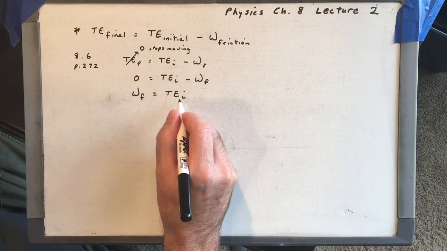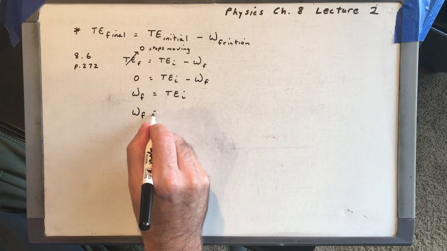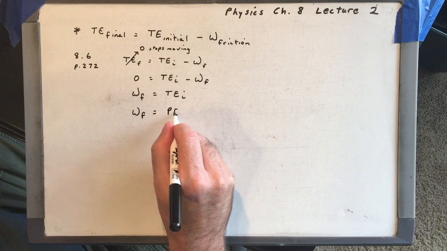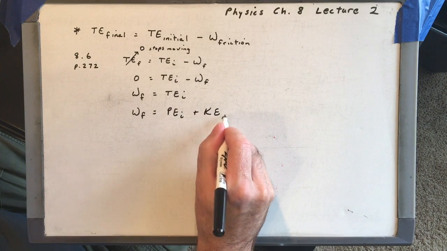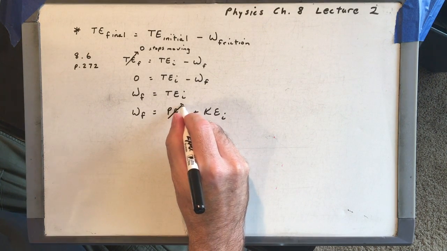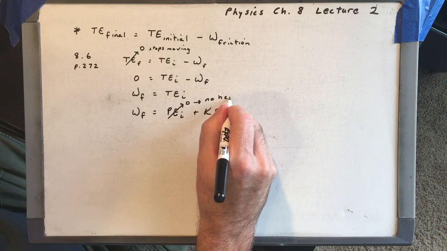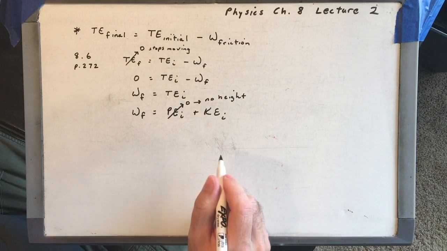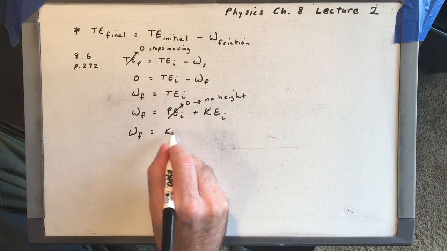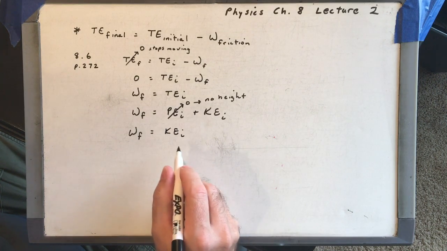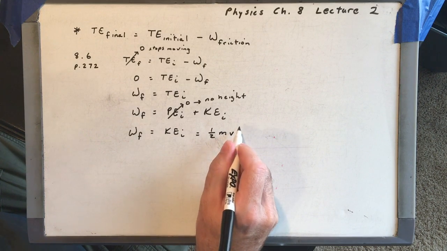All right, so what is the initial total energy? Well, it is the sum of the potential energy initial plus the initial kinetic energy. But since there's no height, right, it's on the ground, there's not any potential energy. So we have work done by friction is equal to the initial kinetic energy. And that's just going to be 1/2 mass times velocity squared.